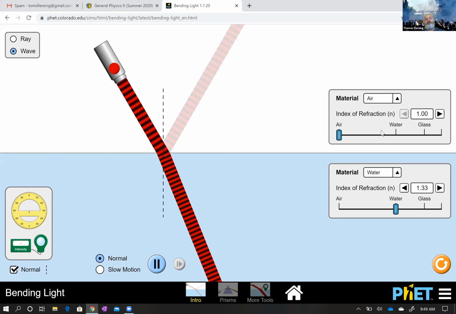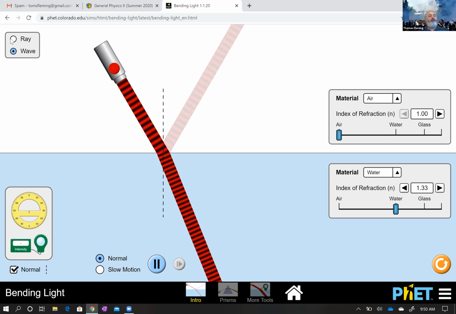In one case, it bent more to the right. In the other case, it bent more to the left. So the direction of the bending is going to depend on whether I'm going from a fast medium to a slow medium, or a slow medium to a fast medium. And so what we need to be able to do is to quantify that process. So here's how we're going to do it.